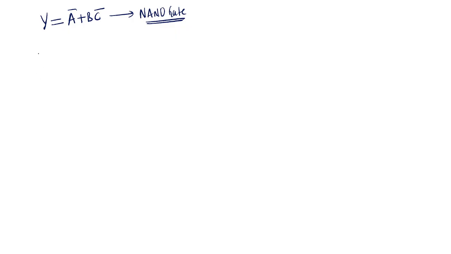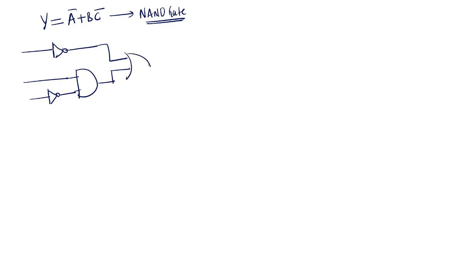First you need to draw with the normal gates. So this is B and this is C bar, and here this is the AND gate followed by OR gate. Normal AND-OR logic I draw. This is A, B, C. This is step 1.